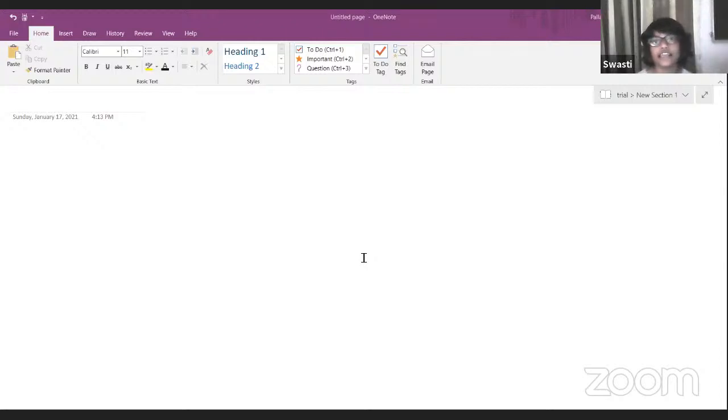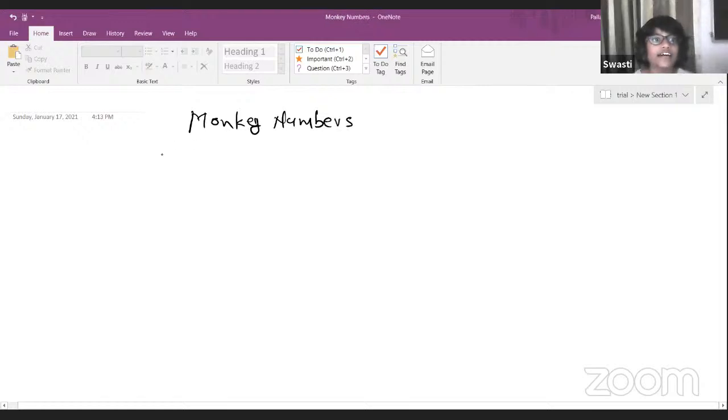And let's see now the numbers which Kaprekar invented and which are my favorite: monkey numbers. Kaprekar loved trekking, and one day he went trekking on Brahmagiri, and there were many monkeys there.